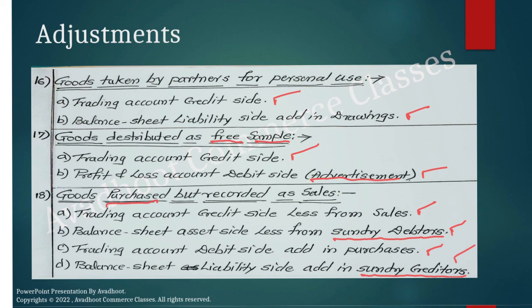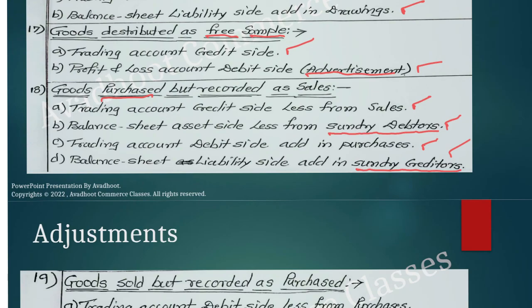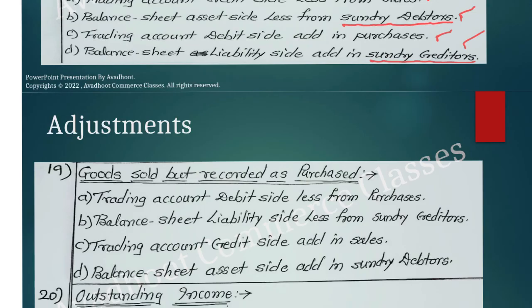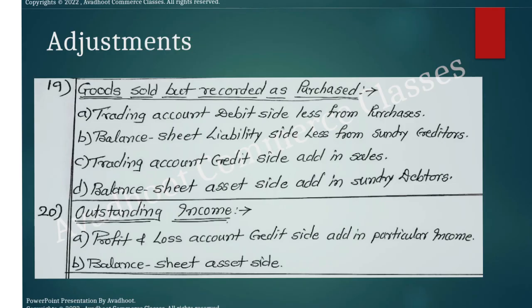Similarly, next we have to consider goods we have sold, but recorded as purchases. Previously we saw goods purchased but recorded as sales. Here, goods sold but recorded as purchases.